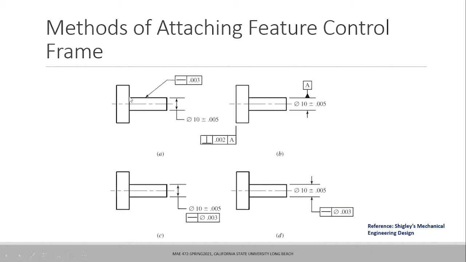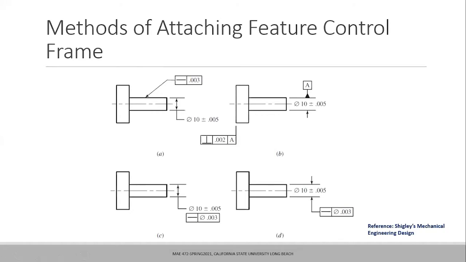So what it basically means is that if I draw straight lines on the top and the bottom, then this drawing is saying that I can have out of form, or I can have roughness on this surface, on this line, as long as the two lines are separated by 0.003 units. Does it make sense? Yes, it makes sense.